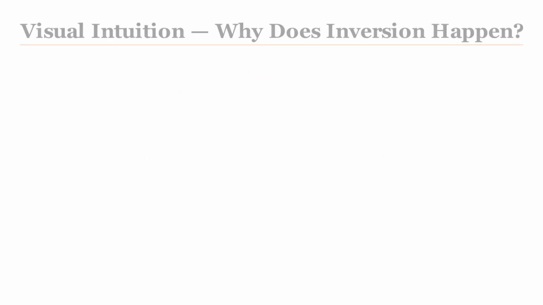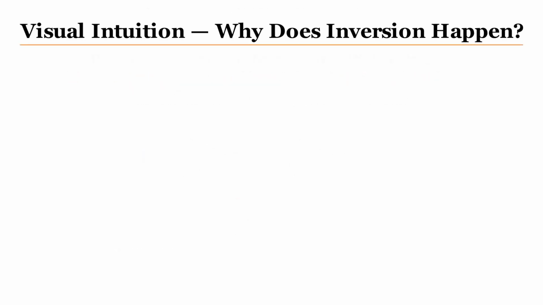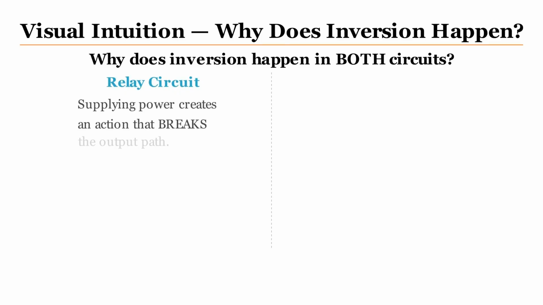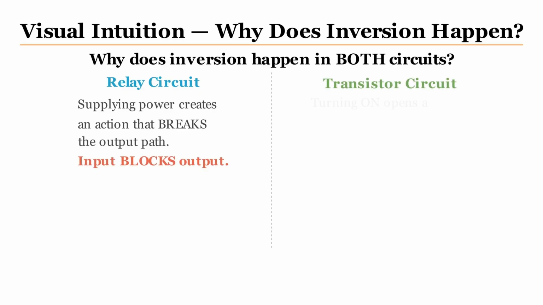Let's step back and look at the deep visual intuition here. Why does inversion happen in both of these totally different circuits? In the relay circuit, inversion happens through switch logic. Supplying power creates a physical action that intentionally breaks the path of another power source. The presence of an input physically blocks the output.